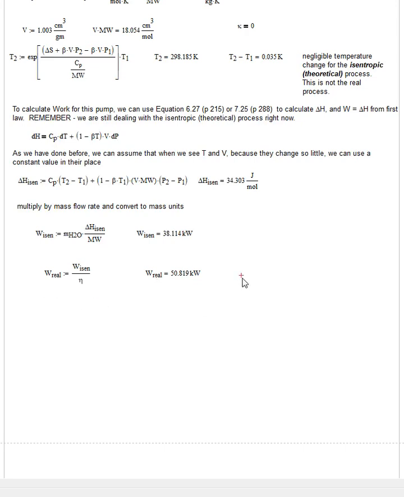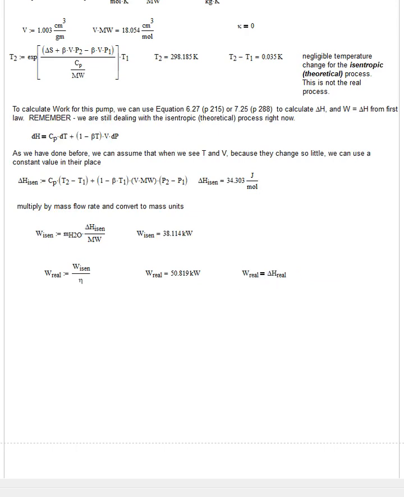What we'll do is we'll take our work for a real process and we'll just use the first law, which is equal to what? That'll be delta H for the real process, right? Delta H for the real process is also given by this equation right here.